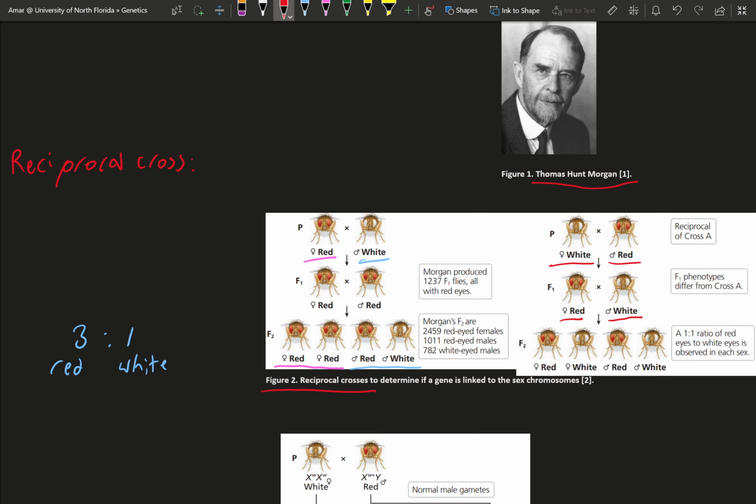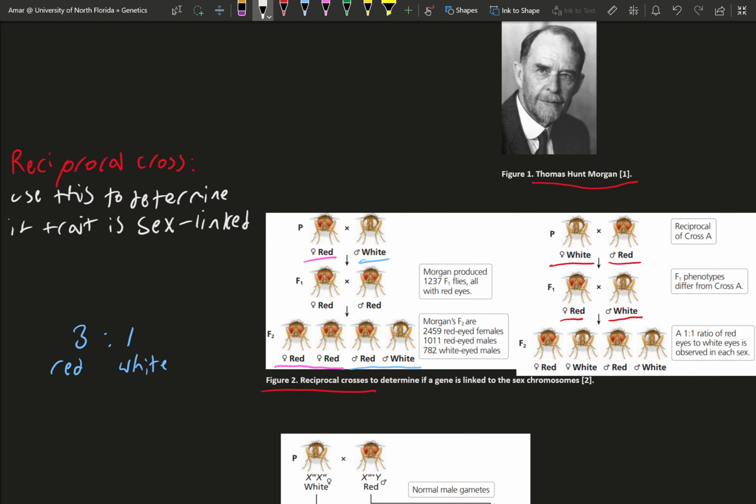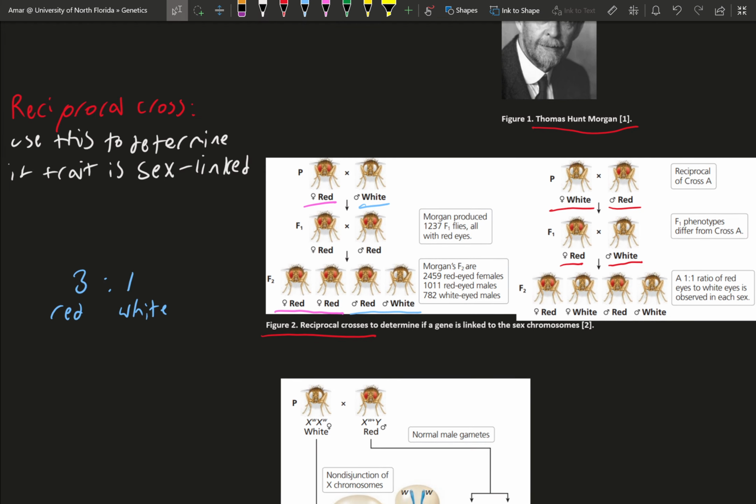And you're using this to determine if a trait is sex linked.